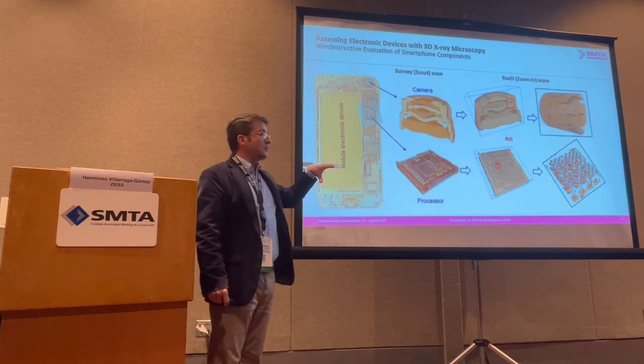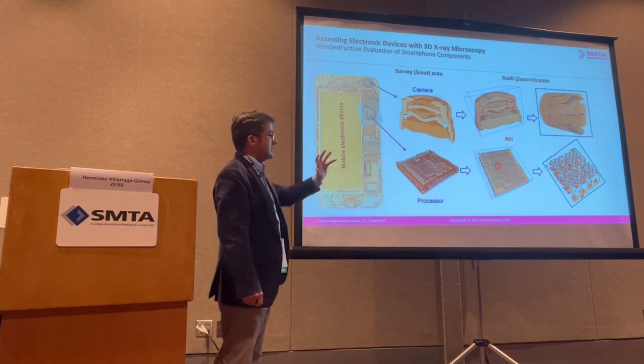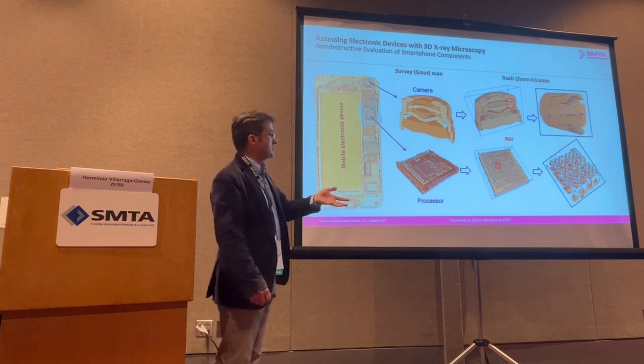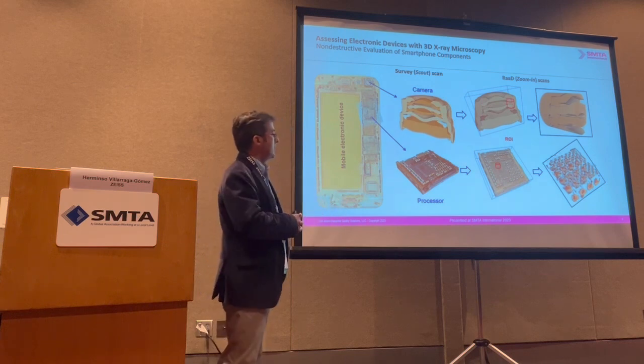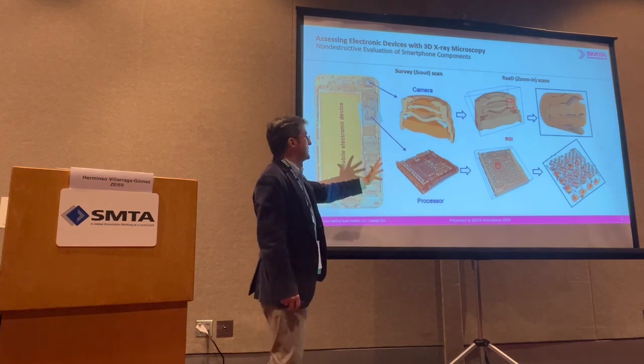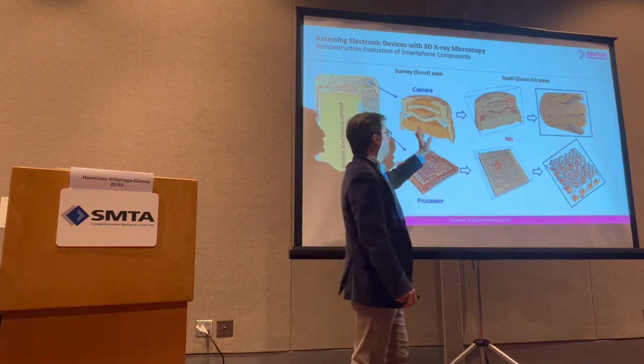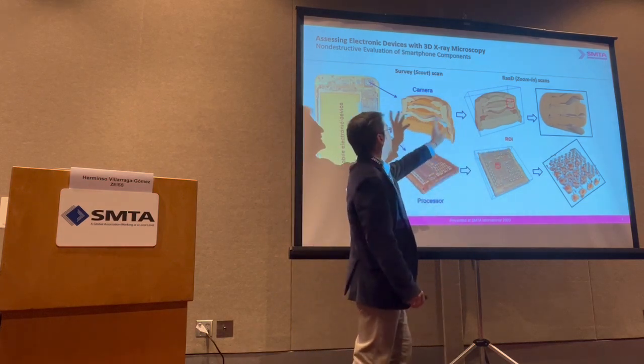So the typical workflow of X-ray microscopy is, okay, you scan the full device, and the X-ray microscope could include also a flat panel to do classical computer tomography. But then if you want high resolution imaging, you change the lenses and zoom in on the different components to see at a higher magnification.